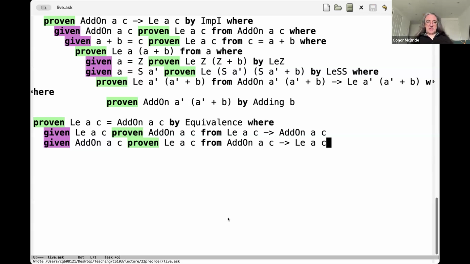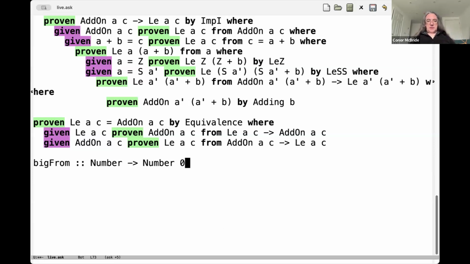So I want to show whatever it is. So I want an operation. I'm not sure what to call it, but we can rename it in a moment. Takes two numbers.